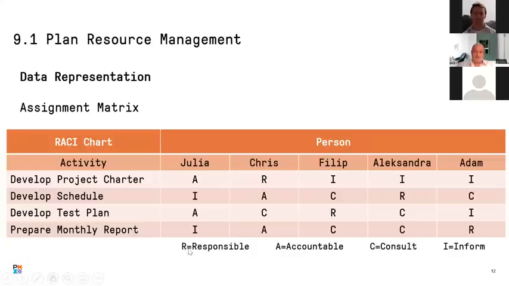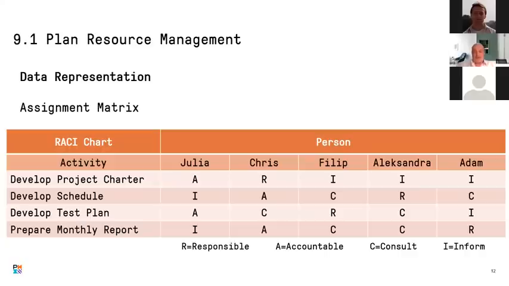Sorry for disturbing the workflow, but we have a lot of questions related to this topic. What is the difference between accountable and responsible? The one responsible is the one who is preparing the document, let's say the project charter. By definition the sponsor should prepare it, but usually the sponsor asks the project manager to prepare the charter, and then the sponsor approves it.